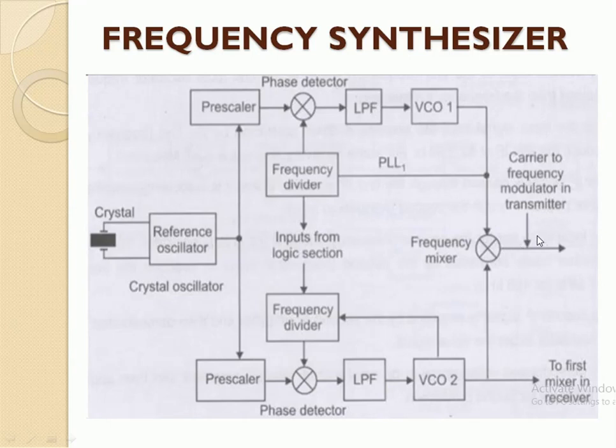The next point about the frequency synthesizer: the frequency divider block receives the divide numbers from the logic section. So this frequency divider is connected to the logic section. Input from the logic section is given to this frequency divider, and it divides the frequency into a number of slots.